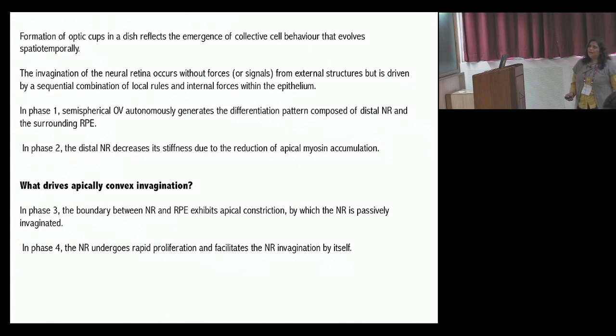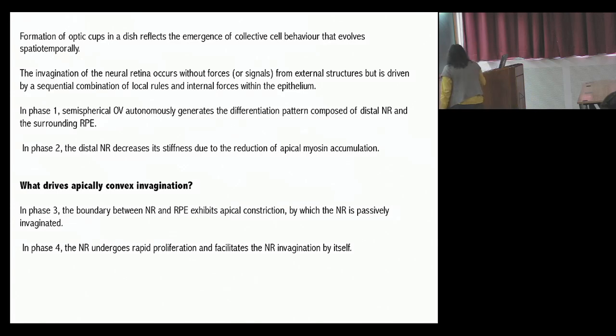And they argued that it could be one of two things. One is that at the boundary, or the point at which you start to form the two layers, by that I mean the hinge region, you have apical constriction, and this causes the retina to become passively invaginated, and or that the proliferation that happens in the retina facilitates the invagination.